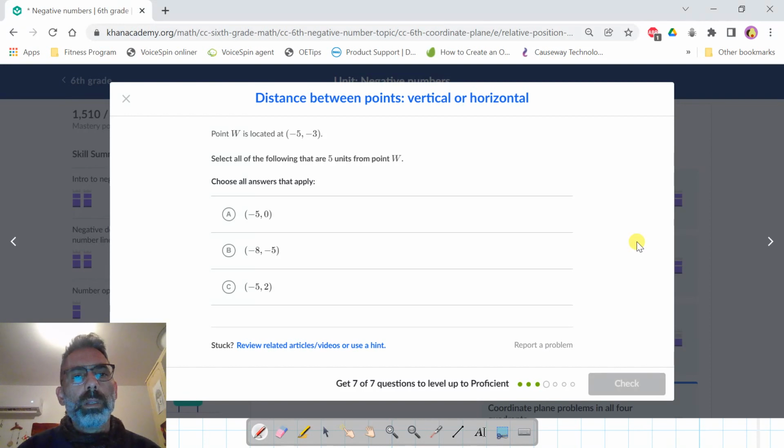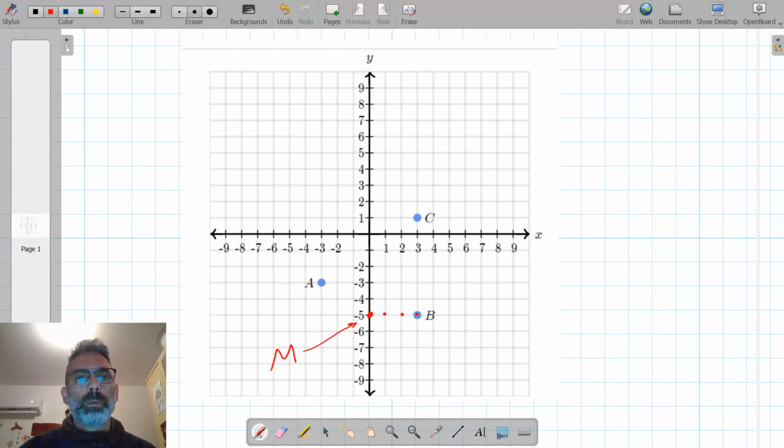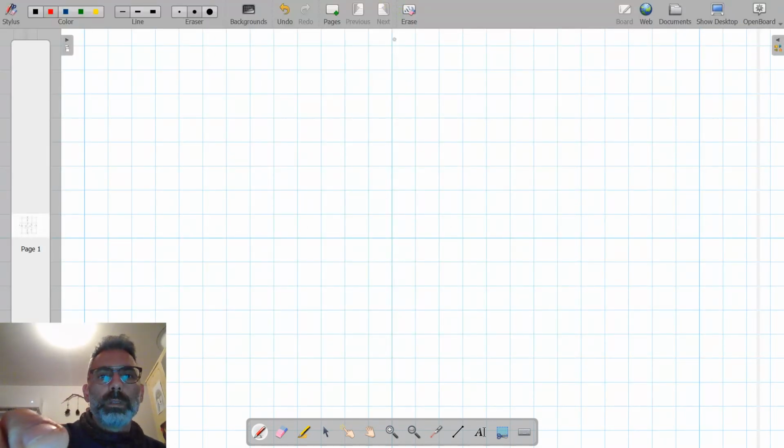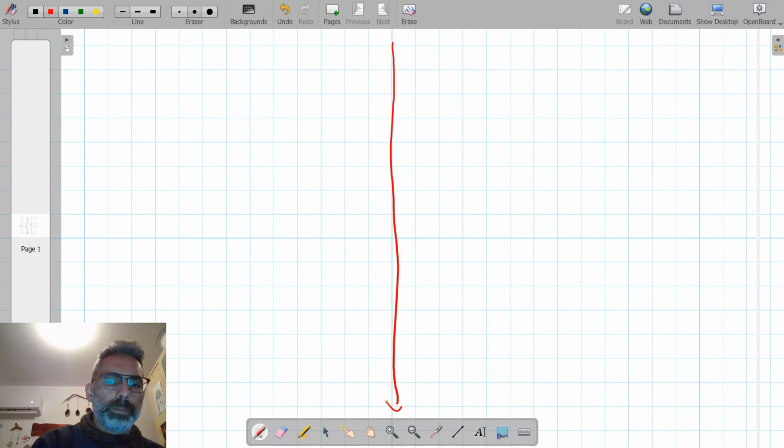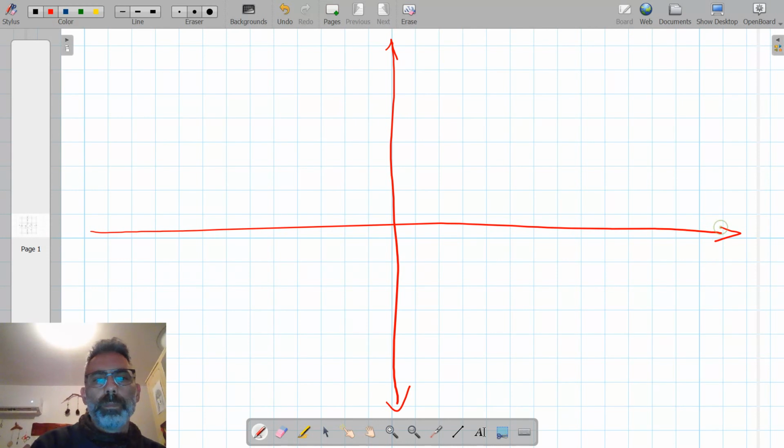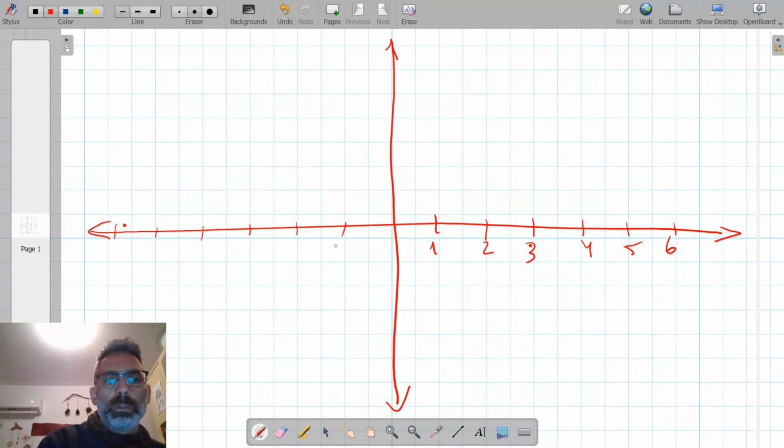Point W is located at negative 5, negative 3. So let's draw the coordinate plane. Two, three, 4, 5, 6. 1, 2, negative 5.